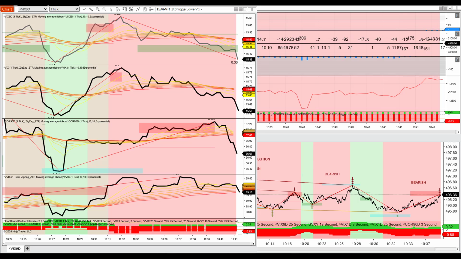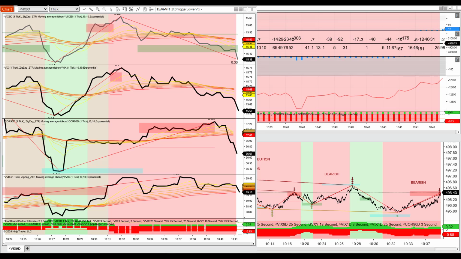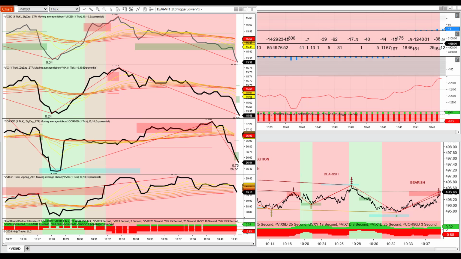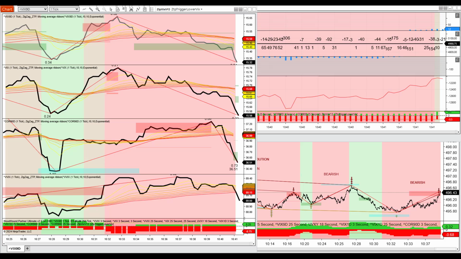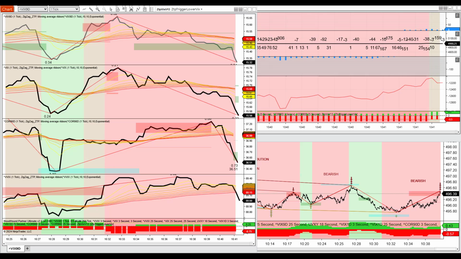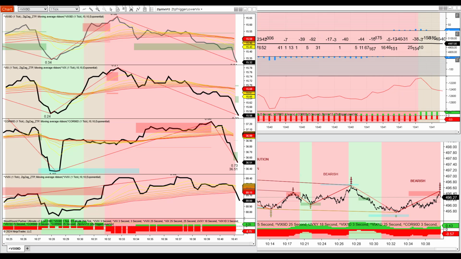Now, what you just saw there was a very large drop in the VIX. It's not unusual to have a pullback to the zones of support. It is more unusual to see it breaking as it's breaking even lower right now.